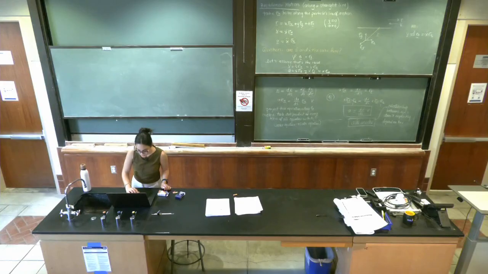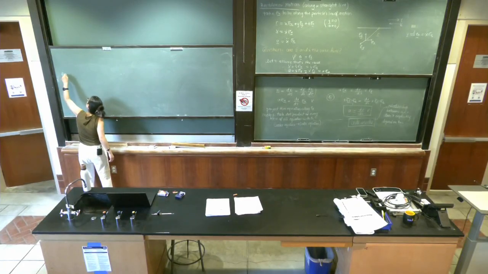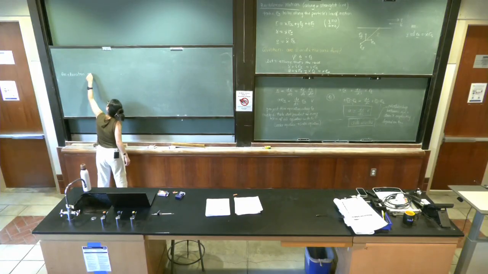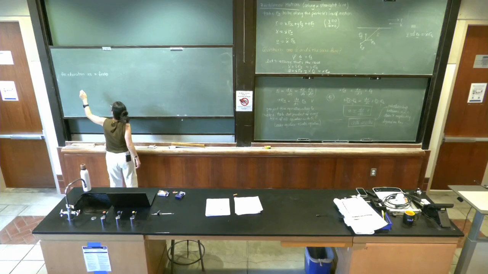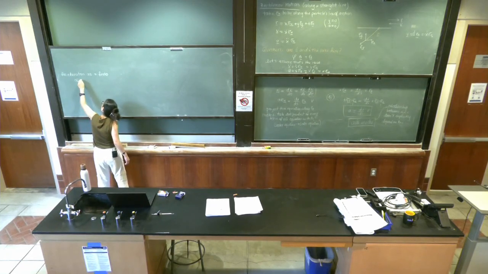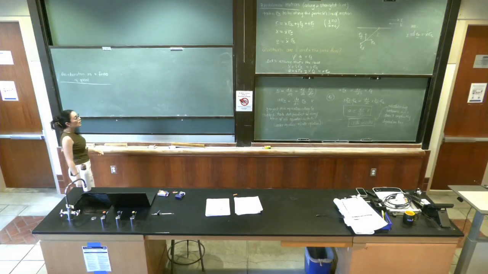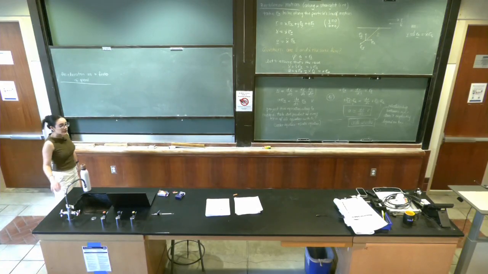So I'm going to just maintain the order from the notes here. Okay, so say we are given the acceleration as a function of speed. And we're going to do an example in a bit which involves that.